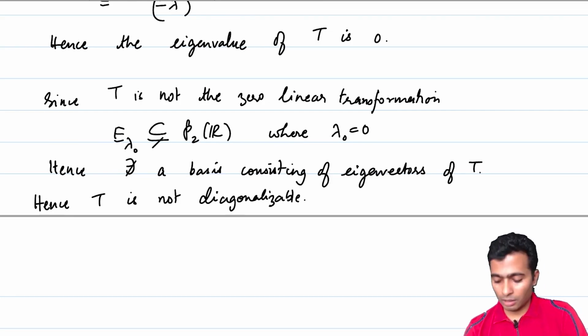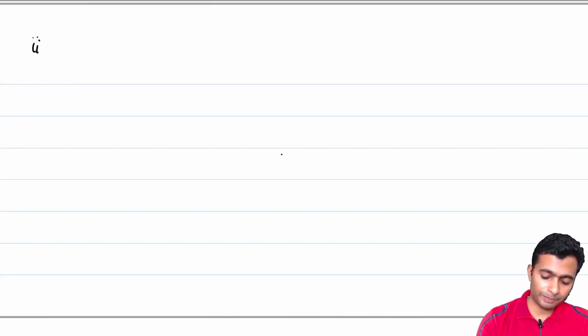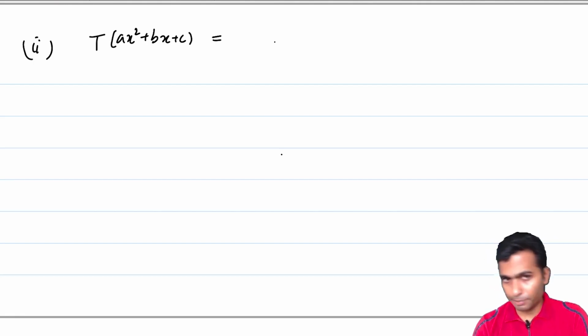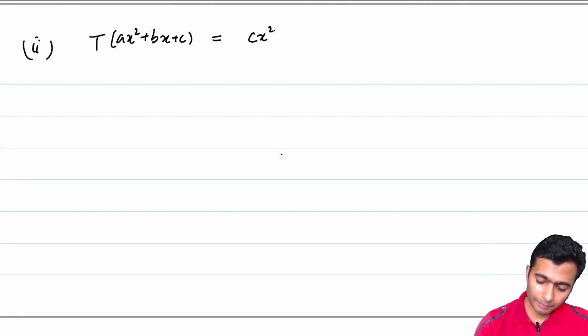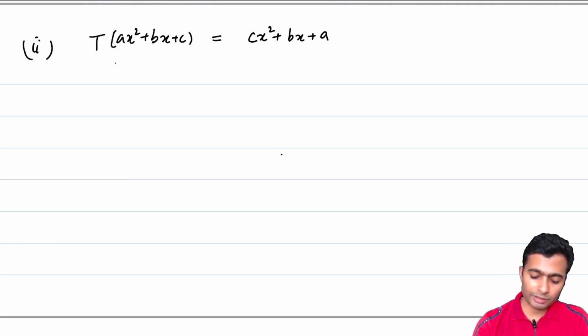The second one dealt with the following linear transformation: T of ax square plus bx plus c was defined as cx square plus bx plus a. So in particular, let's again let beta be the same standard basis that we had considered earlier.